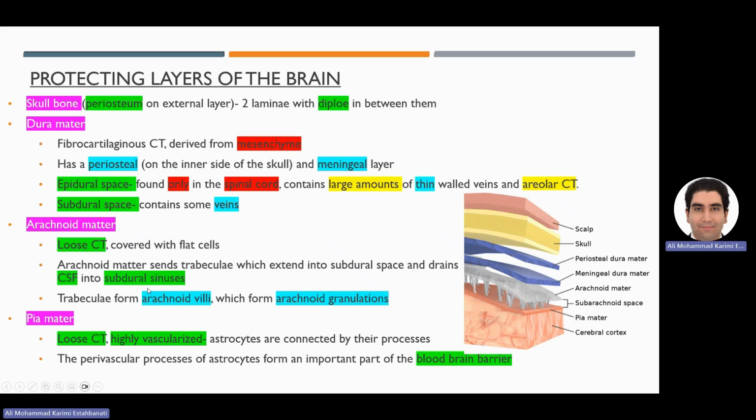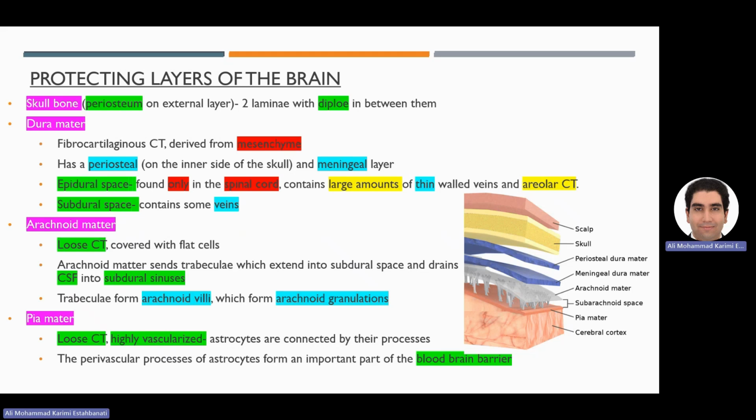So this CSF can go to the blood circulation and get recycled, and a new one is obviously getting produced by the arachnoid plexus, my bad. And that's it.